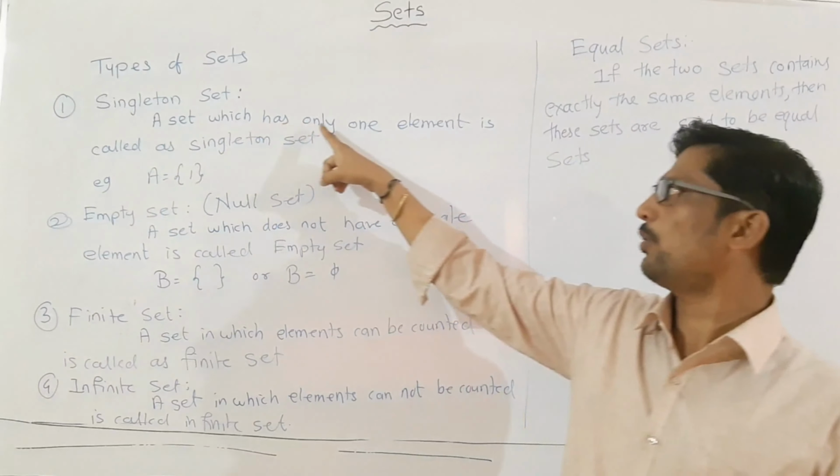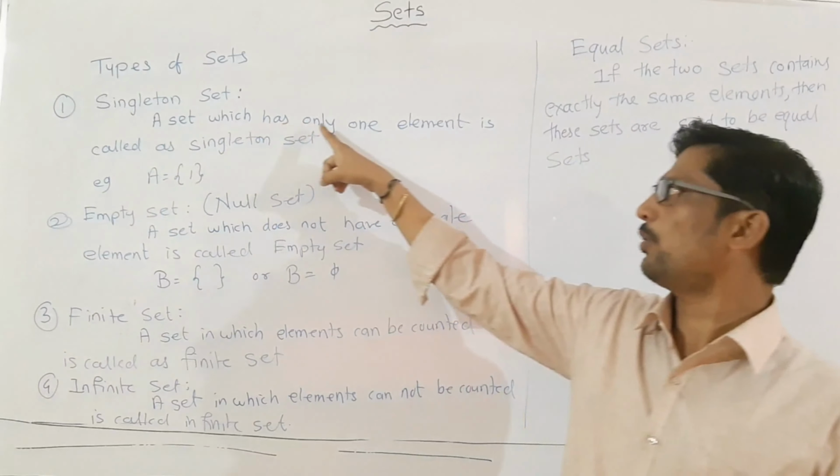Next is the empty set, also called the null set. An empty set is a set in which there is no element. A set which does not have a single element is called an empty set. It is denoted by blank curly brackets or simply by this symbol, called phi. Most students have a doubt regarding the null set.